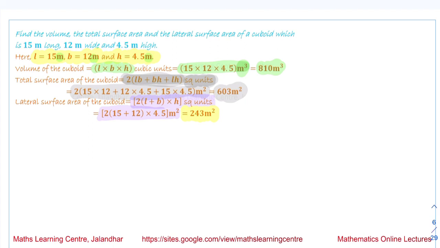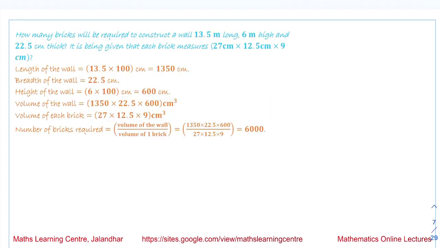Now the next question is how many bricks will be required to construct a wall 13.5 meter long, 6 meter high and 22.5 centimeter thick. Now it is important to note over here that the units are meter, meter and these units are centimeters. So we convert these values in terms of centimeter first. So length of the wall we have it is 1350 centimeter.